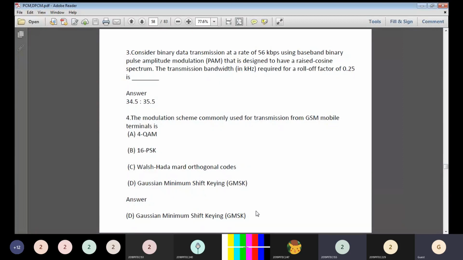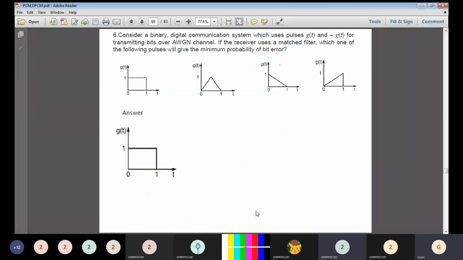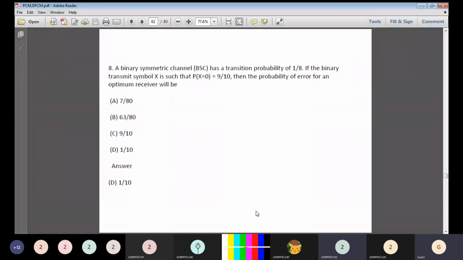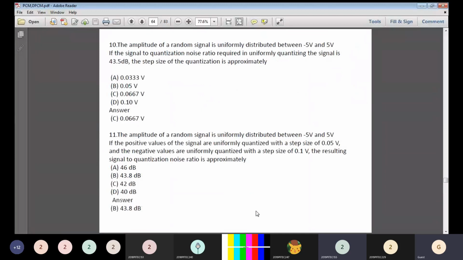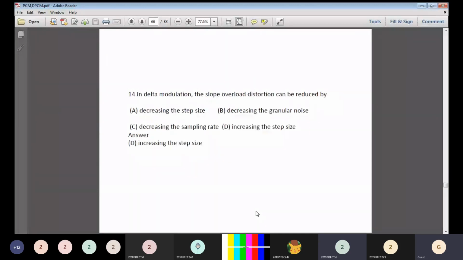The answer is Gaussian minimum shift keying, GMSK. Those diagrams we have already seen in the last class itself.